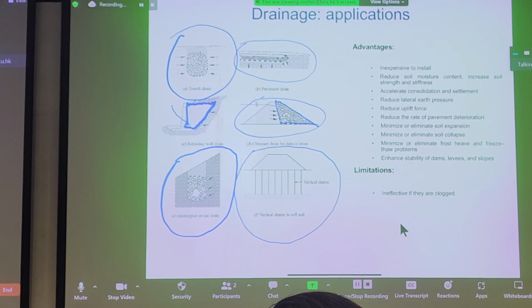Reduce lateral earth pressure, well, hydrostatic pressure. Reduce uplift. Reduce erosion, internal or superficial. You can even eliminate frost heave in northern regions, reduce moisture content. So drainage is definitely a ground improvement method, perhaps the simplest and the cheapest. If you can control water, we solve a lot of problems in geotechnical engineering.